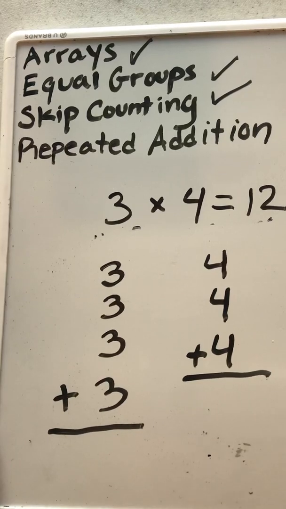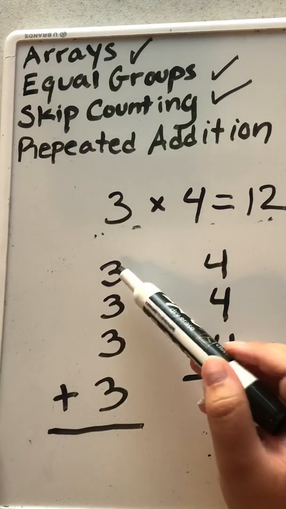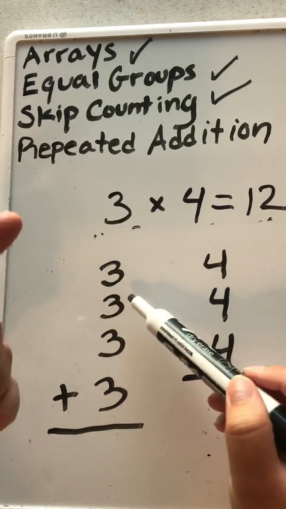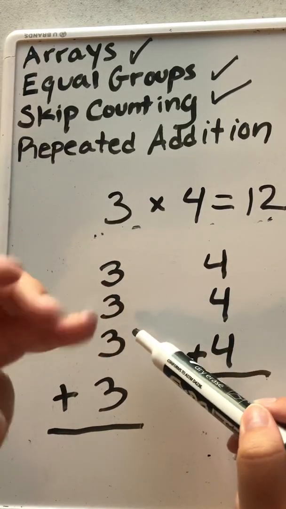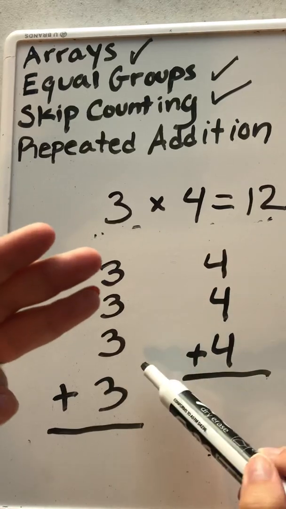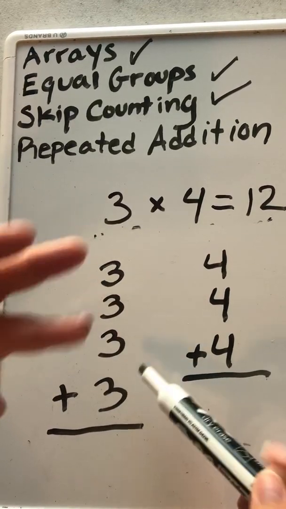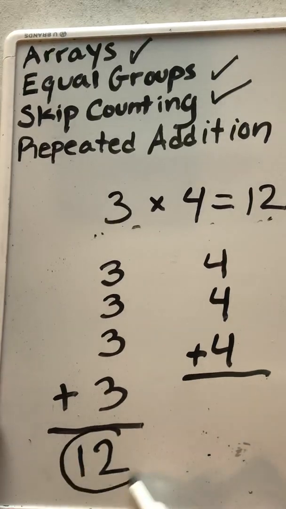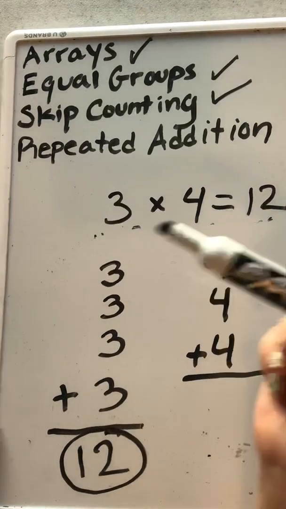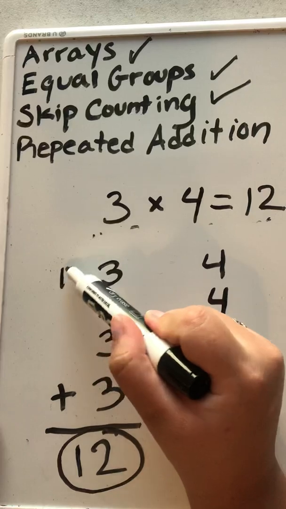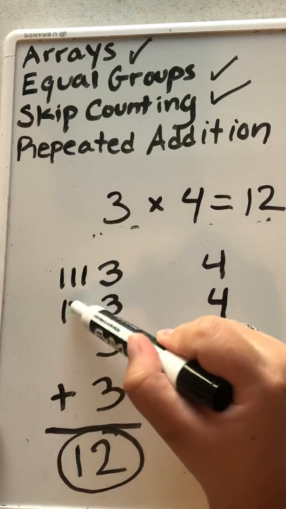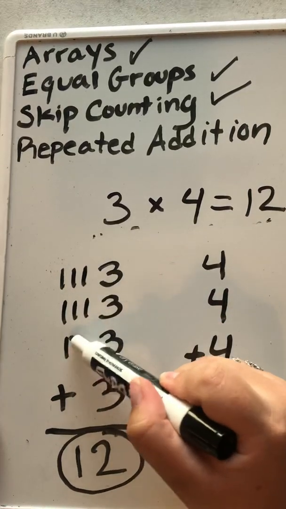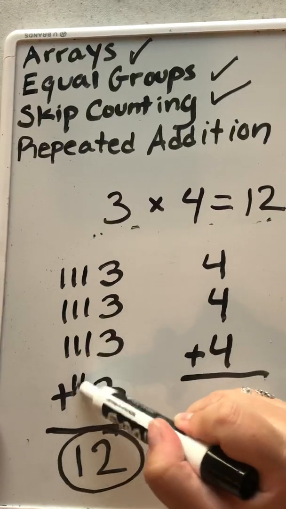Now skip counting can come into play with this, or you can count by ones. I could say 3, 4, 5, 6, 7, 8, 9, 10, 11, 12. If I need to count by ones, that's okay. Maybe I could even do tallies. 1, 2, 3, 4, 5, 6, 7, 8, 9, 10, 11, 12.